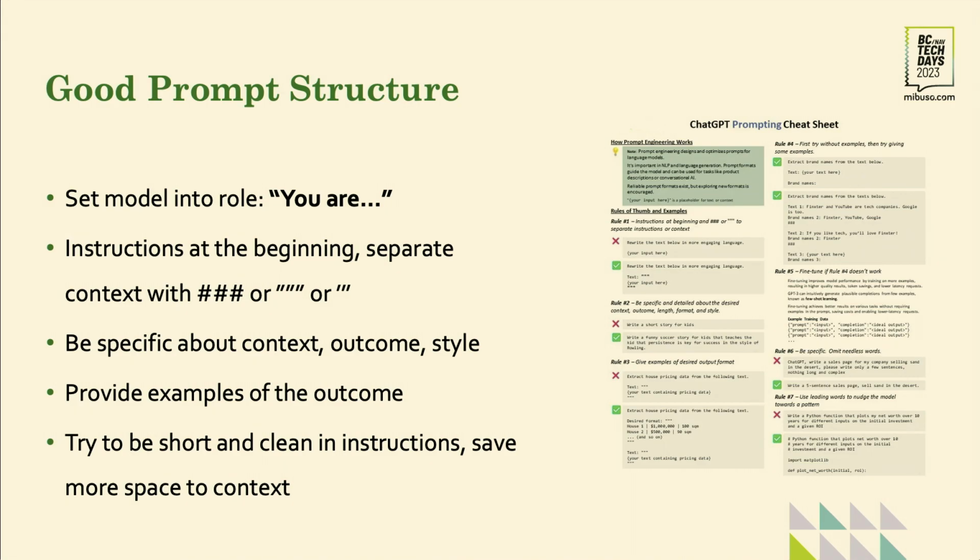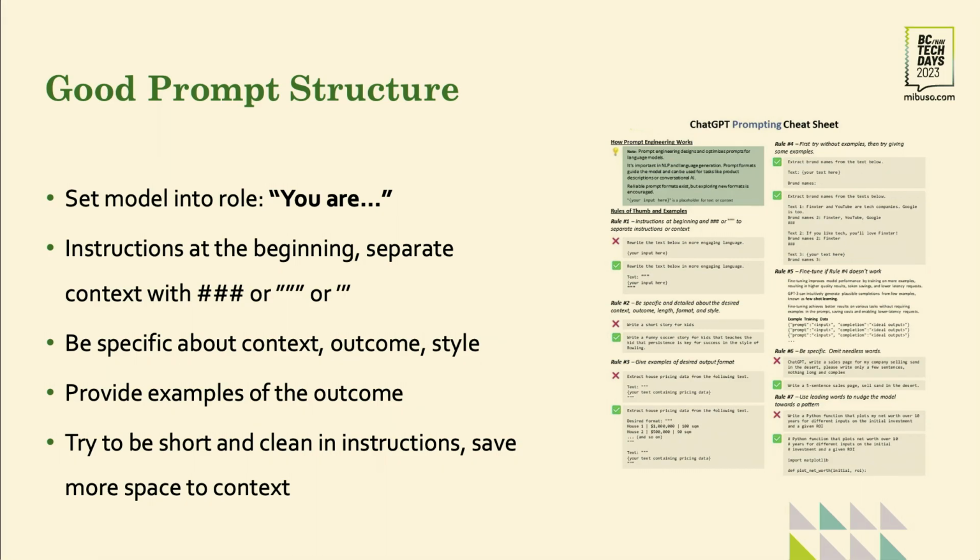Then give some instructions at the beginning. Continue with some additional context. I will show you how to do that. Then provide some examples of the input and of the outcome.